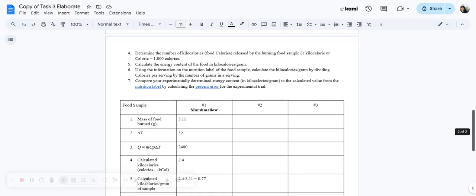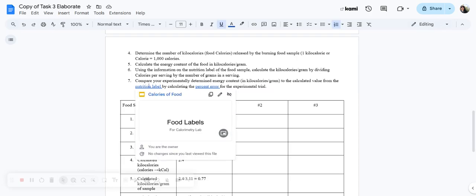Then you're going to have to determine the number of kilocalories of food calories released by burning of the sample, remembering that 1 kilocalorie is equal to 1,000 calories. Then you're going to use that to calculate the energy content of the food in kilocalories per gram. Then you're going to use the information off the nutritional label, and the link to the nutritional label is right over here.